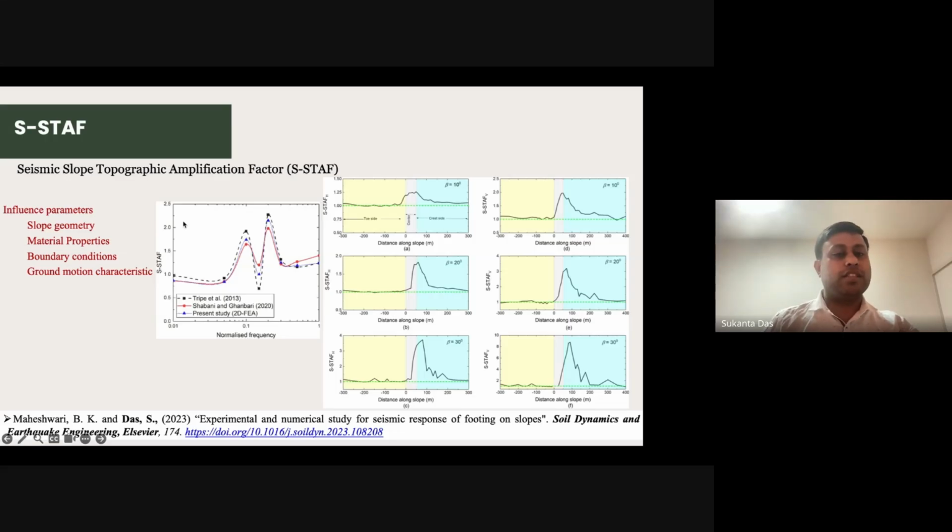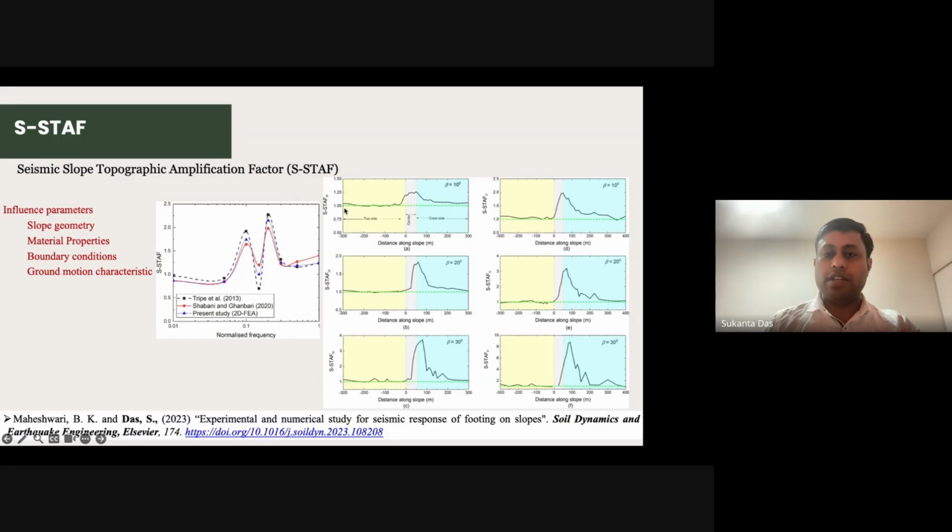Throughout this talk, I will talk about S_tuff, the seismic slope topographic amplification factor. This is the slope distance along the slope surface: this is the toe side, this is the crest side, and this is the slope face center.